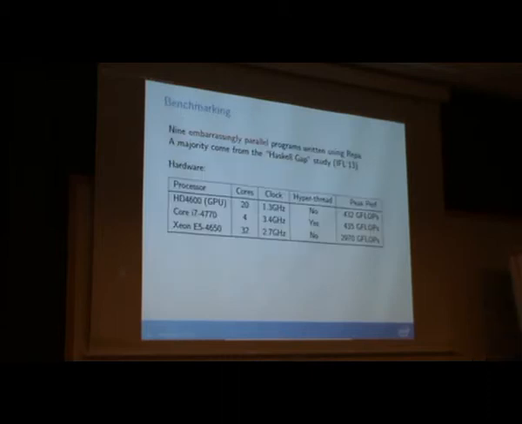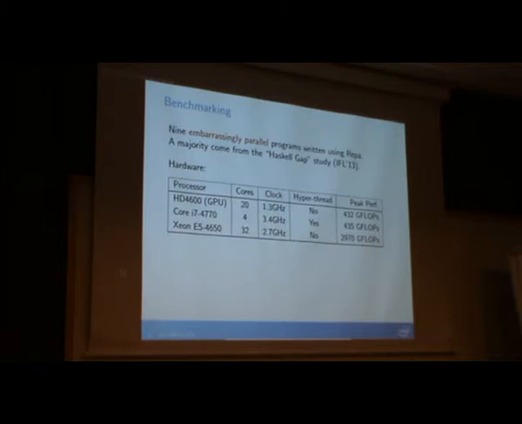It turns out that this is actually not as bad as it sounds. We can actually compile and run a lot of Repa programs. We took the set of benchmarks we presented last year in the Haskell gap study. And it turns out most of them just compile and run just fine on GPUs.